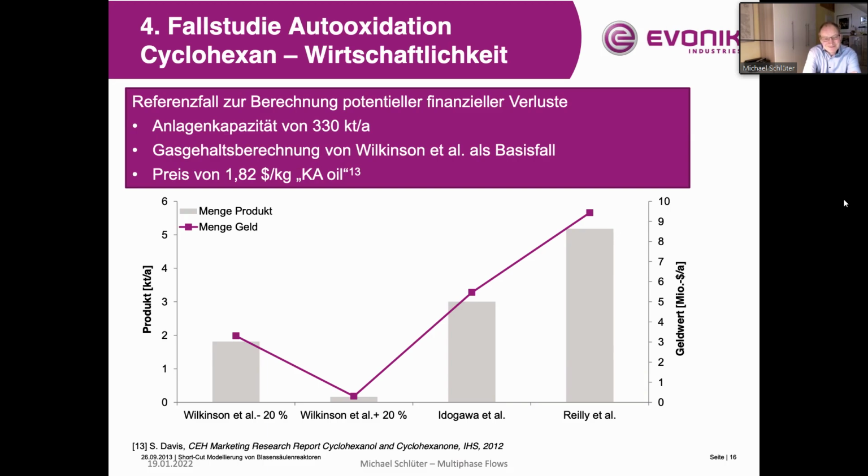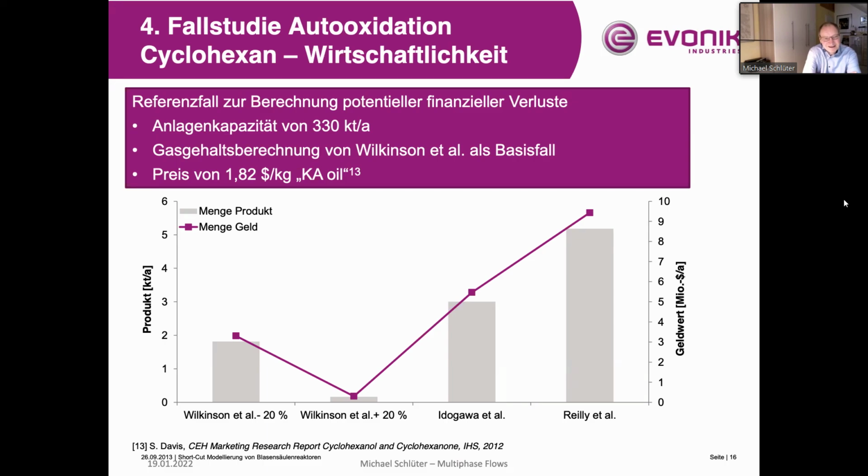Therefore we still have a huge risk in process engineering to make such mistakes, and then troubleshooting starts, and everybody tries to find out what is the problem and what runs wrong at this point. And as you can see from this example, the gas hold-up prediction is one of the most critical points.